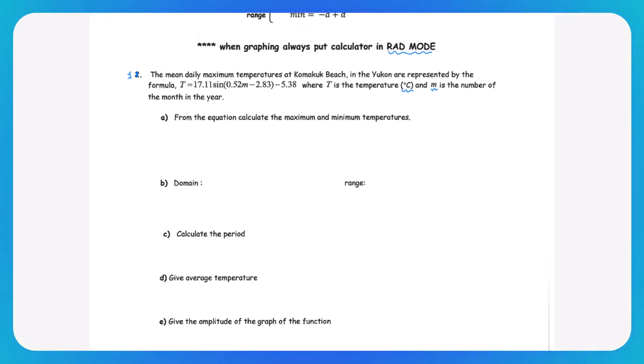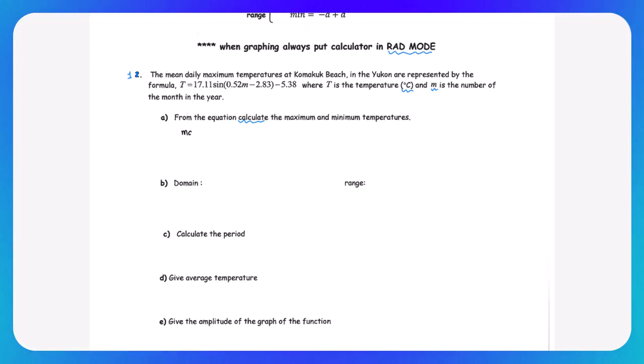So let's get started by determining from the equation what the maximum and minimum temperatures are. Now remember, calculate means we need to show some work. So let's find the maximum value.